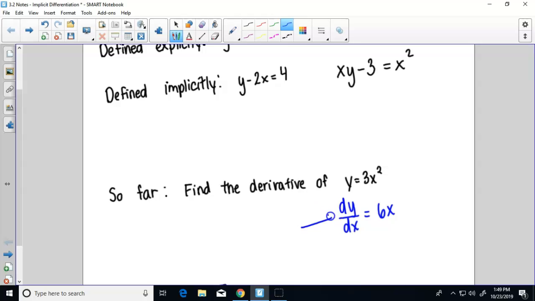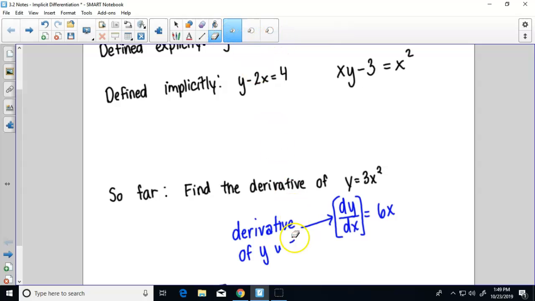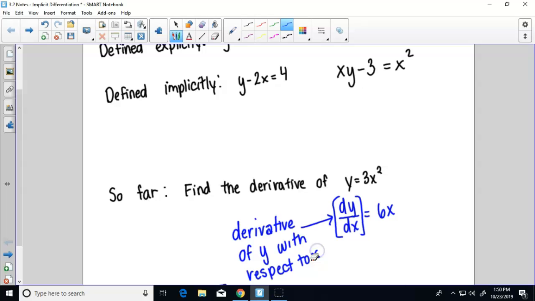And so whenever we write this dy dx stuff here, this is the derivative of y with respect to x.